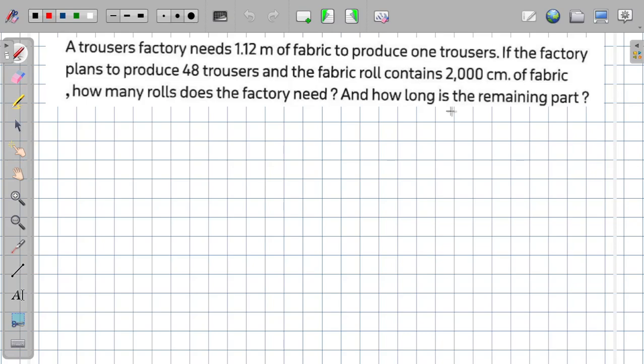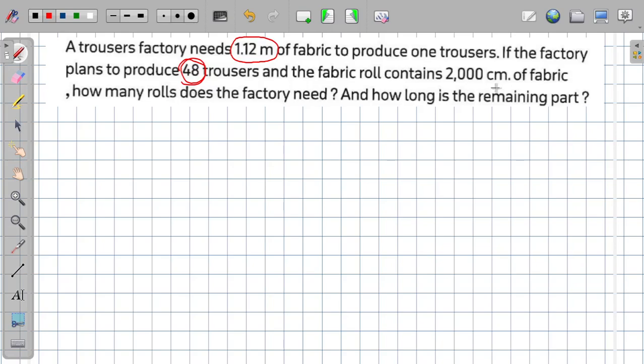Okay, so the factory wants to produce 48 trousers, and every trouser needs 1.12 meters, and the fabric roll contains 2000 centimeter.